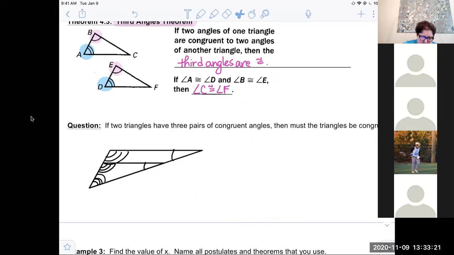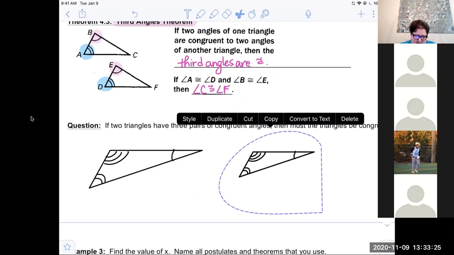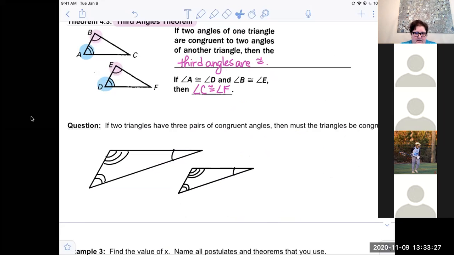Why are the triangles not congruent? Kara, why are the triangles not congruent? Is it because the segments would be different lengths? Yeah, the sides would be different lengths.